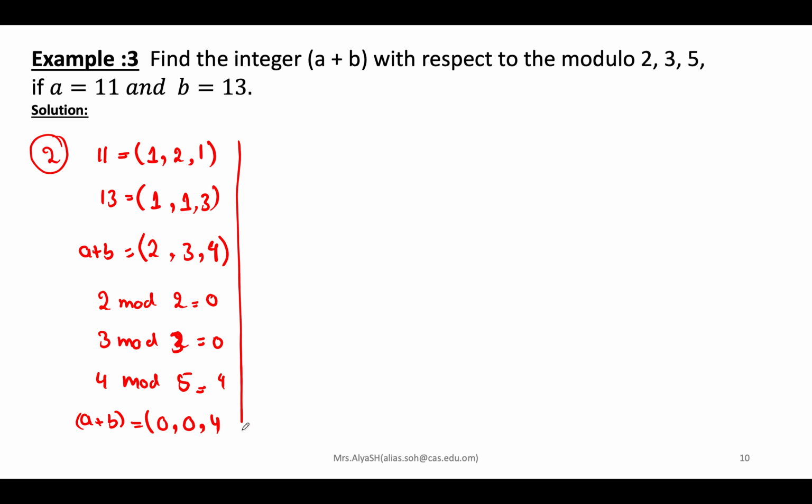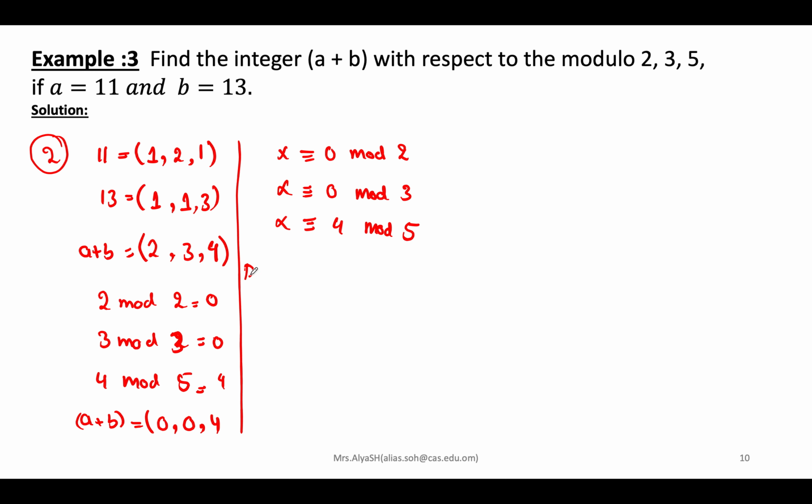Now let's try to find what is A plus B by creating the system of congruence where X is congruent to 0 mod 2, X is congruent to 0 mod 3, and X is congruent to 4 mod 5.